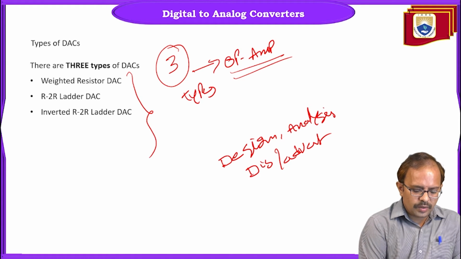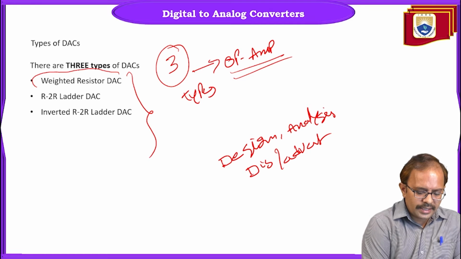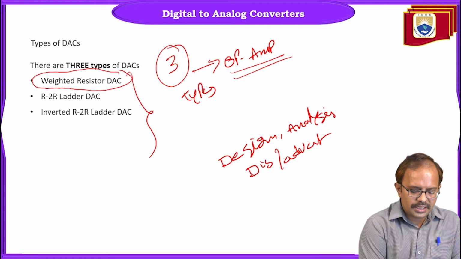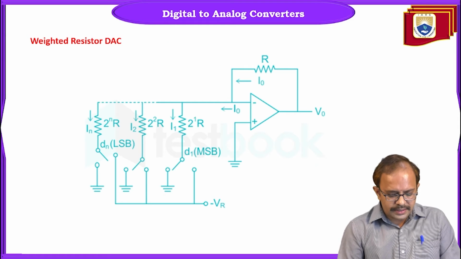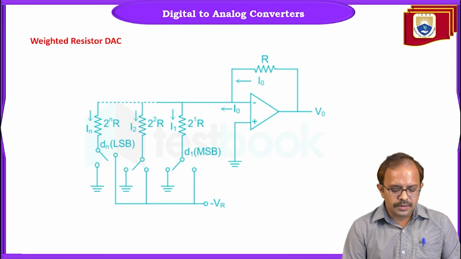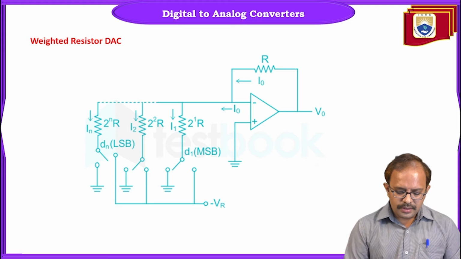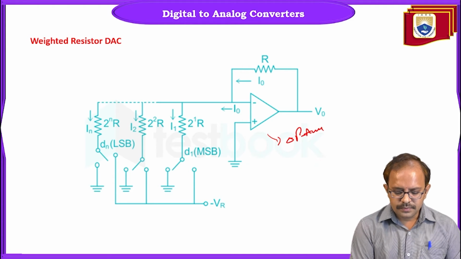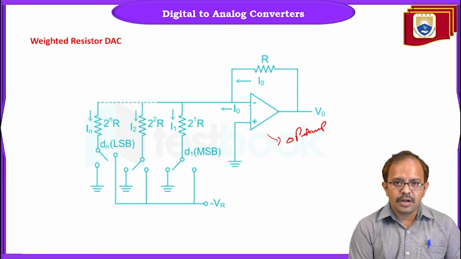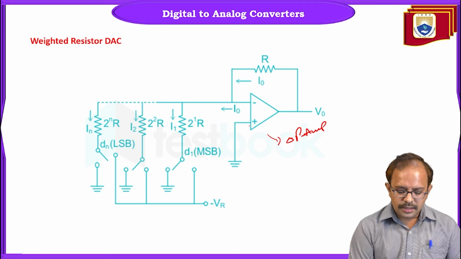In this lecture, we are going to focus on designing and discussing the weighted resistor DAC. So let us look at this diagram. Here we can see this is an op amp, which is operated in the inverting mode, and the non-inverting terminal is connected to the ground.